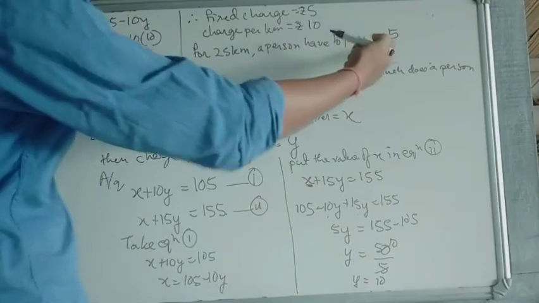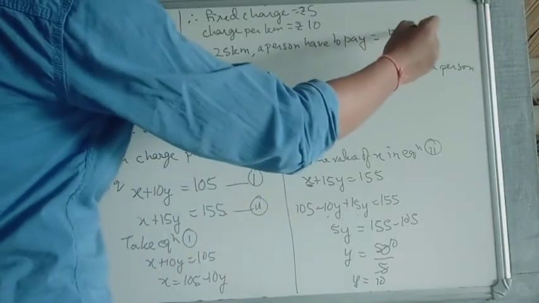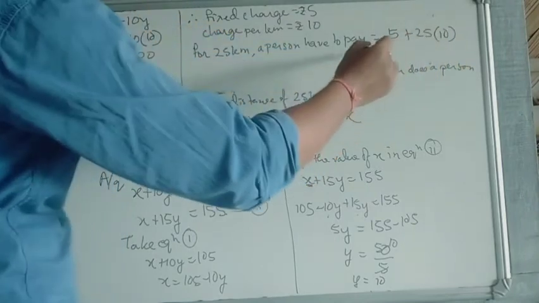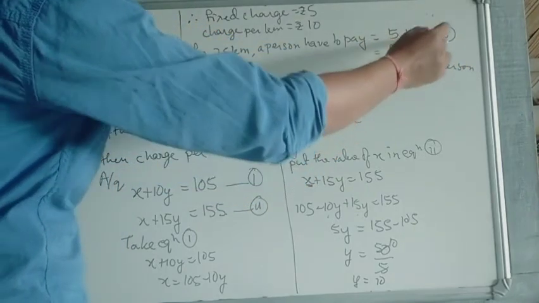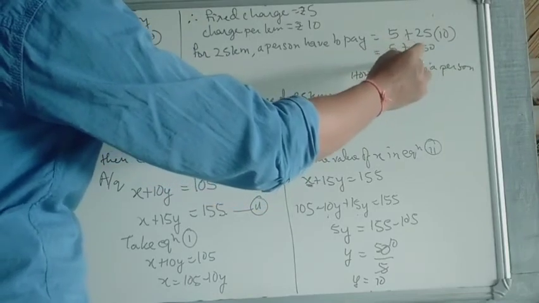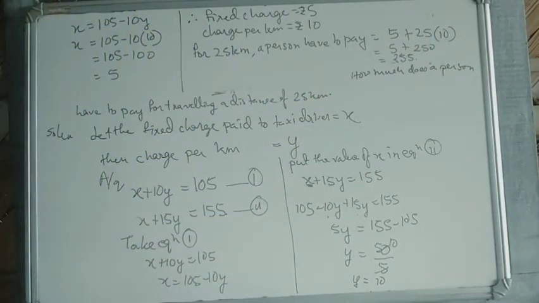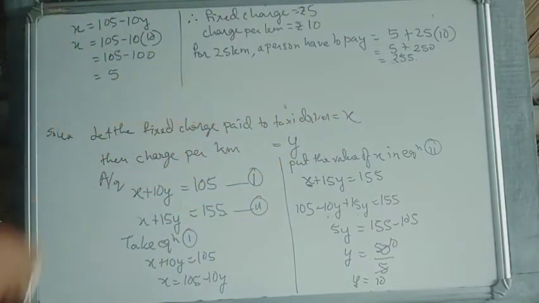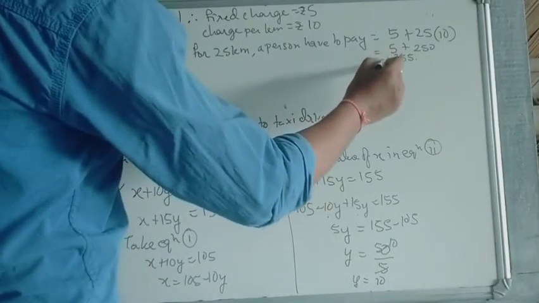So 5 rupees is the fixed charge that has to be paid, plus 25 kilometers at 10 rupees. So it gives me 5 plus 250, that is 255 rupees. So the person has to pay 255 rupees.